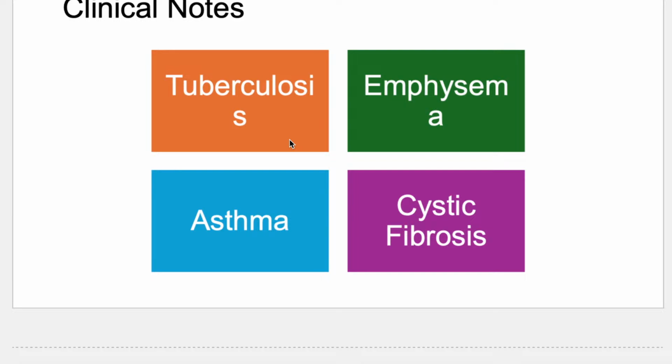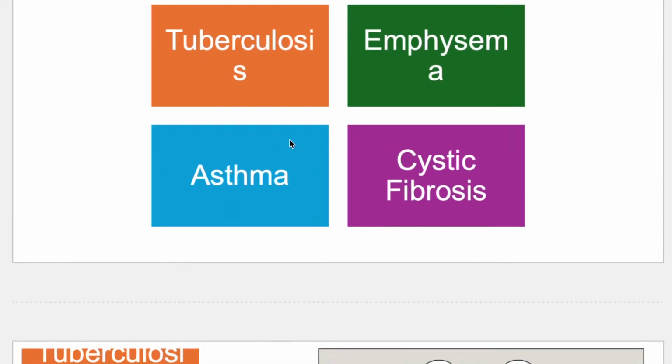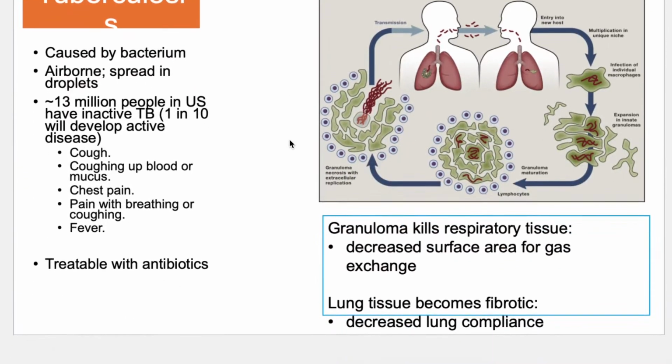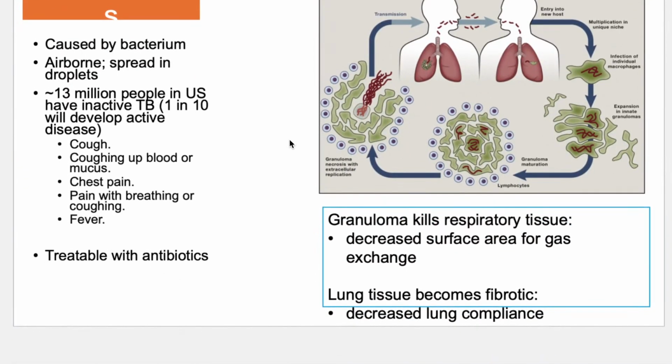So clinical notes: tuberculosis, emphysema, asthma, and cystic fibrosis. Tuberculosis is caused by a bacterium and is airborne, spreading through droplets. 13 billion people in the U.S. have inactive tuberculosis. So a lot of people have this, and it's treatable with antibiotics.